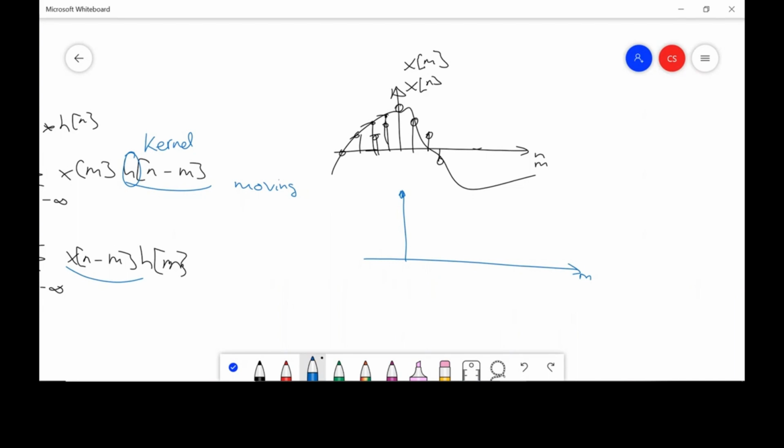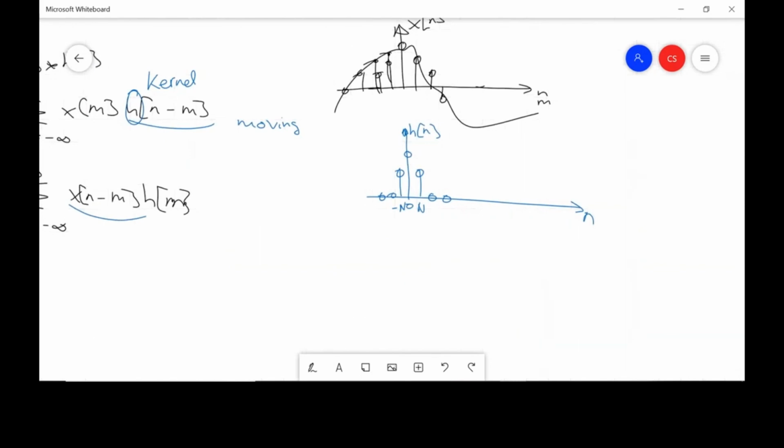But now, let us do it in a couple of steps. Let's make it first n. Let's say that h of n is like this. Let's make it symmetrical. And it goes, let's say, from minus N to N. And now we have to calculate h of n minus m.